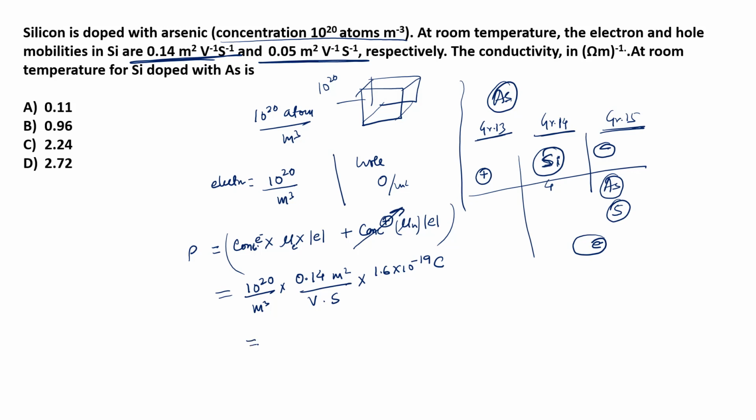So what is the conductivity? It will come in the standard unit by itself, because all are written in standard units. Now do the calculation: 10 power 20 into 0.14 into 1.6 into 10 power minus 19.